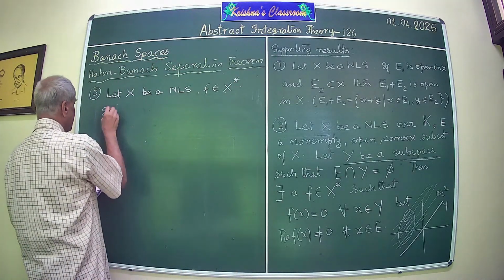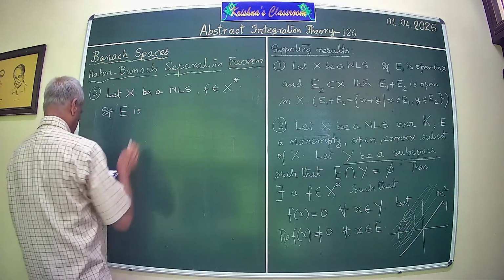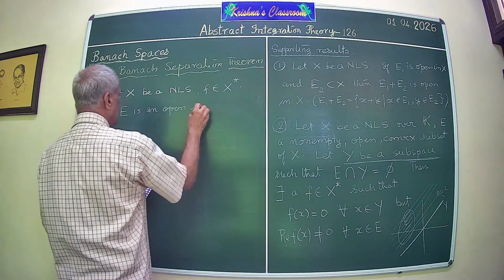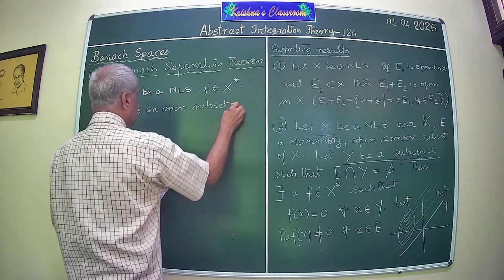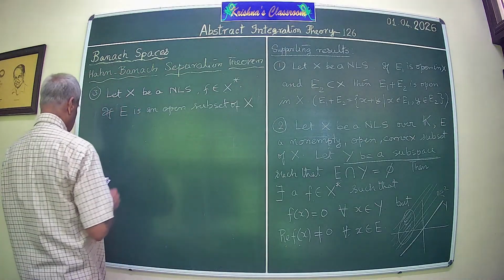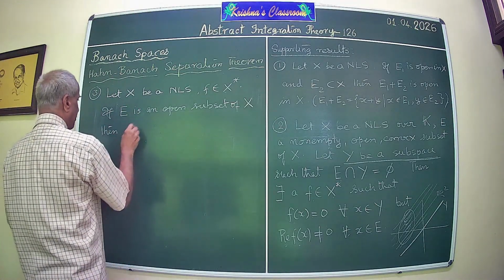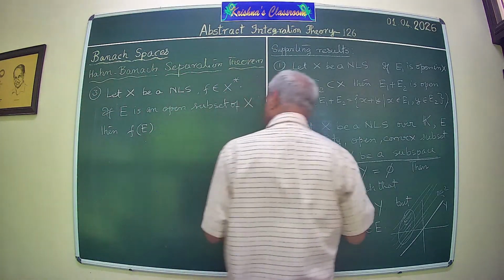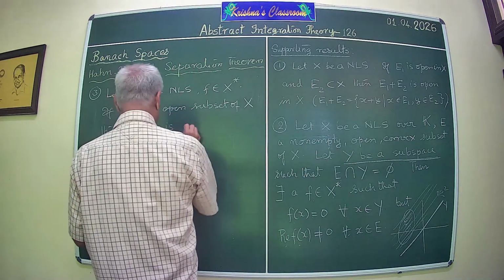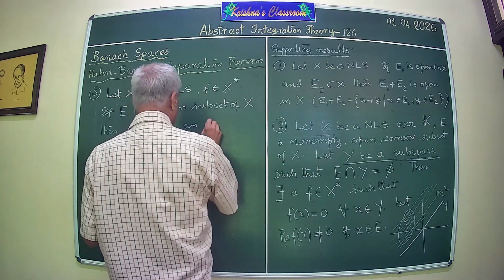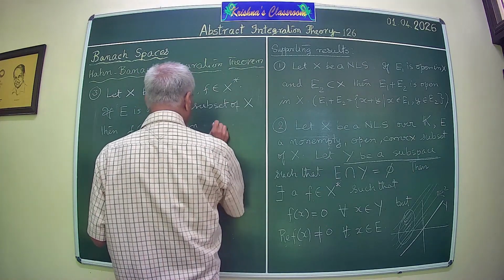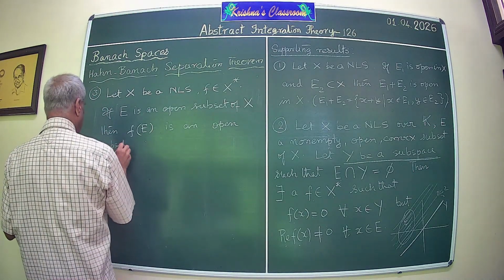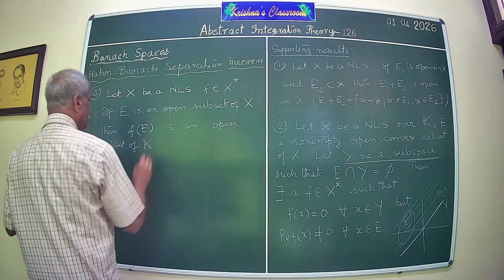If E is an open subset of X, then F of E, the image of E under F, is an open subset of Y.